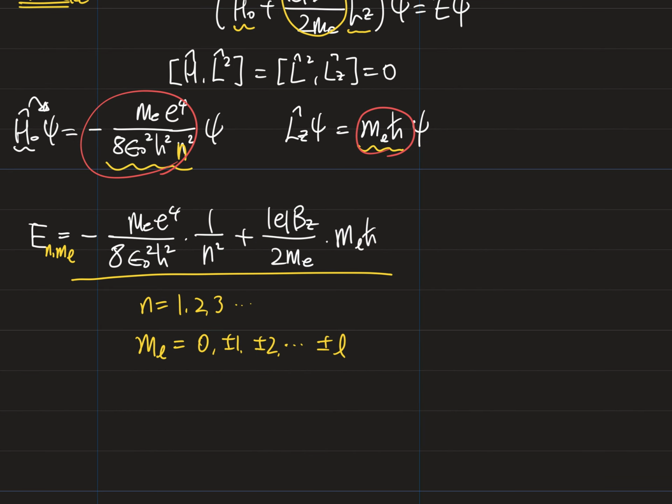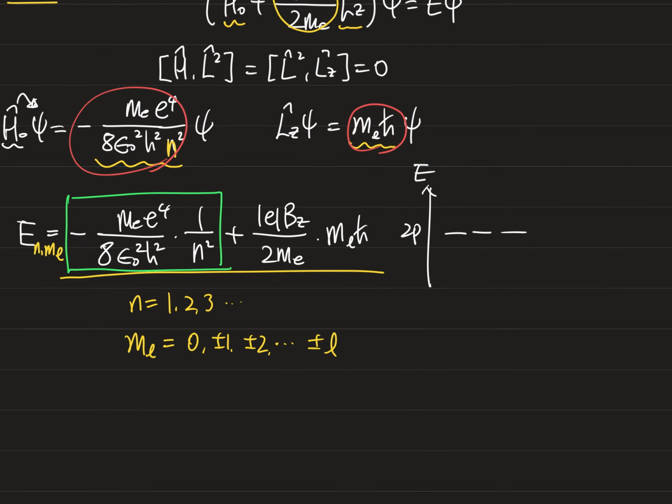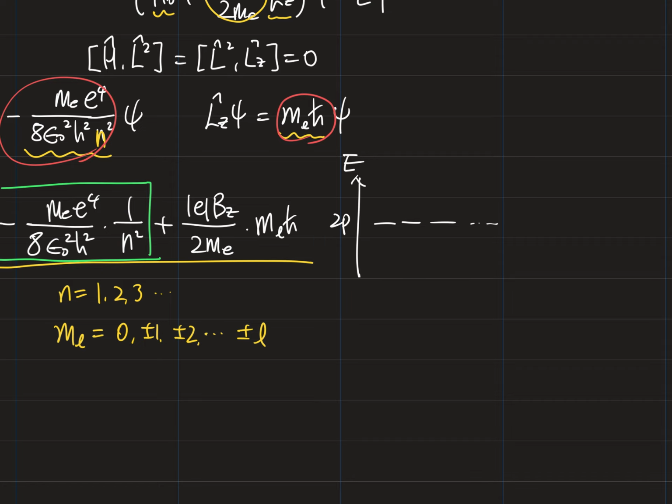So the first term determines the energy levels, like the 2p orbital is here. The y-axis is the energy axis. And due to the presence of the magnetic field, these three energy levels will split.